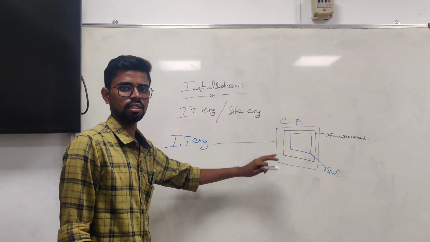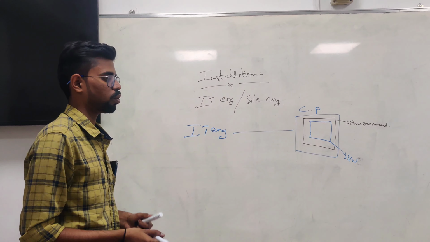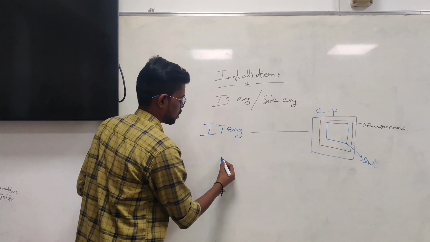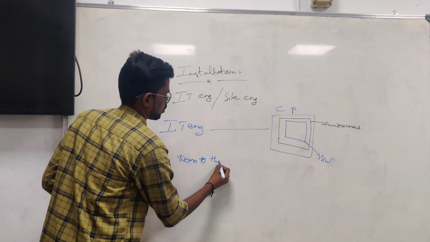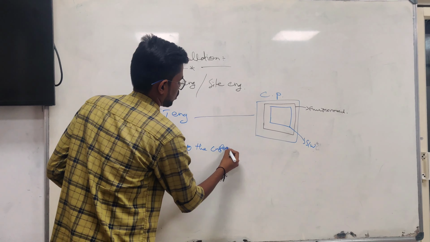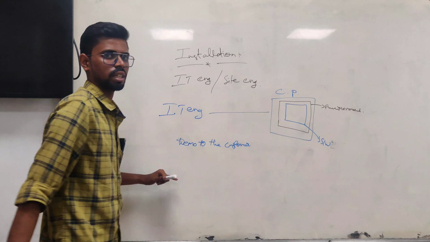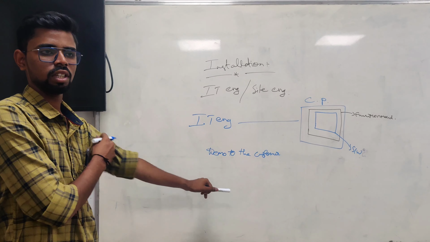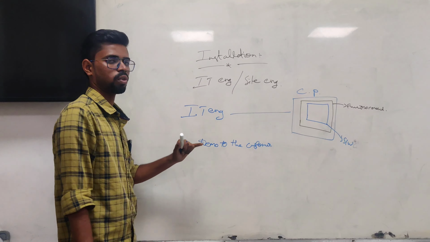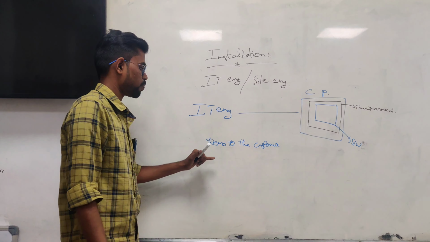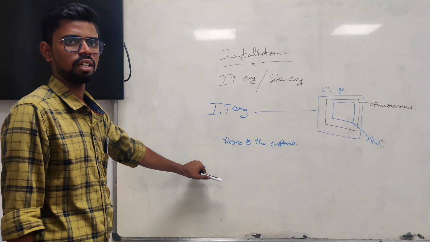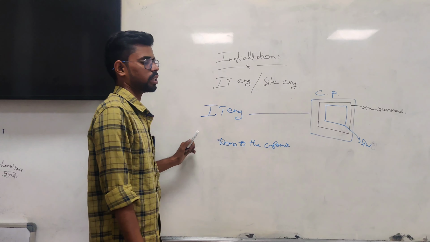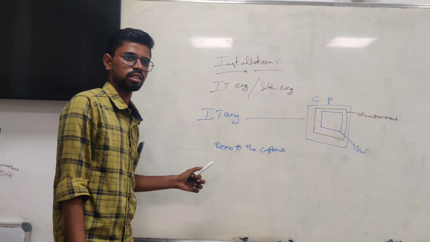Once installation is completed, the IT engineer will give one demo to the customer. Because the customer is new to the software, he doesn't know how to run it. The customer will learn how to use the software. After that, he will run his business successfully with this software.